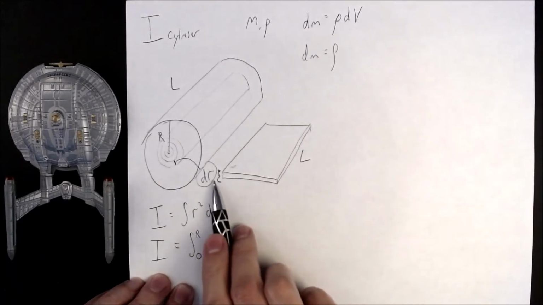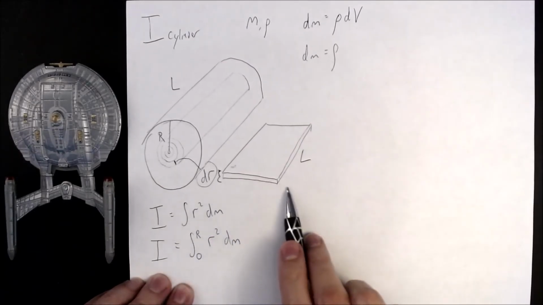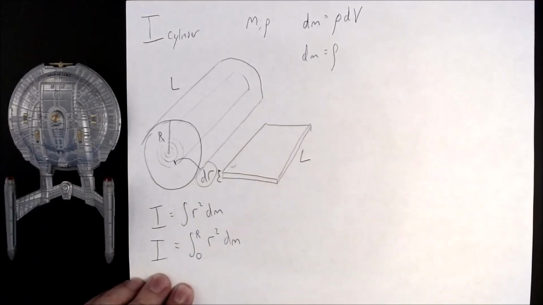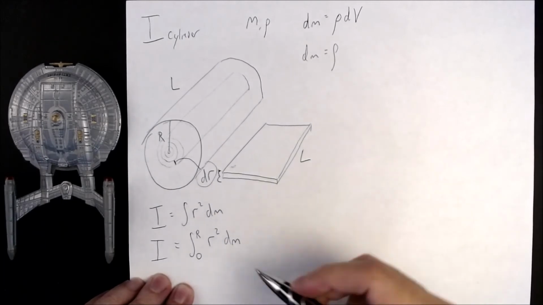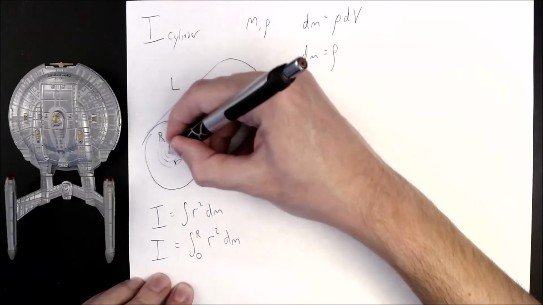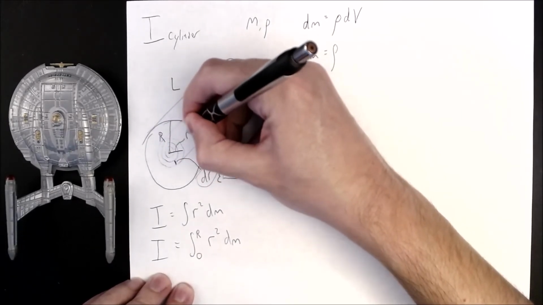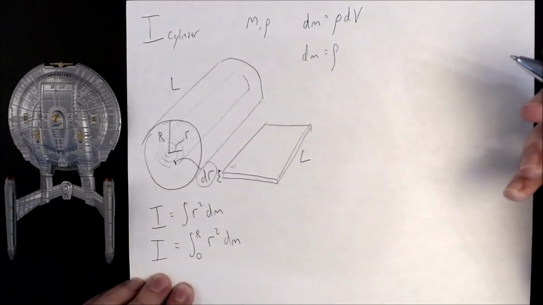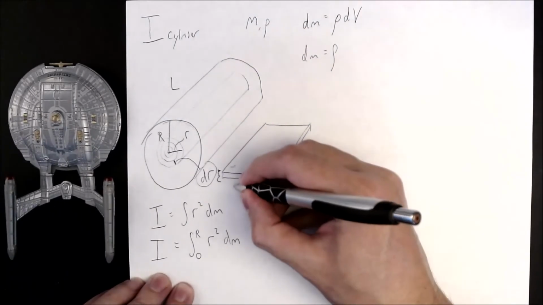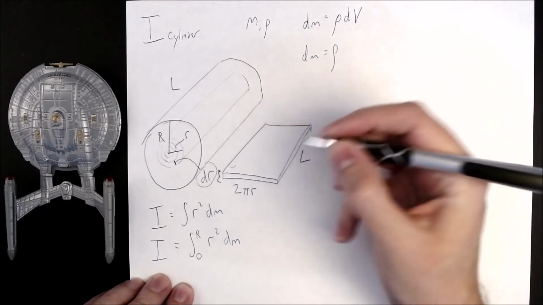What do you think that this width is going to be? I'll give you a second to think about that. Well, that width right there should be whatever this little r is, that's the layer that we're looking at, times 2 pi, right?